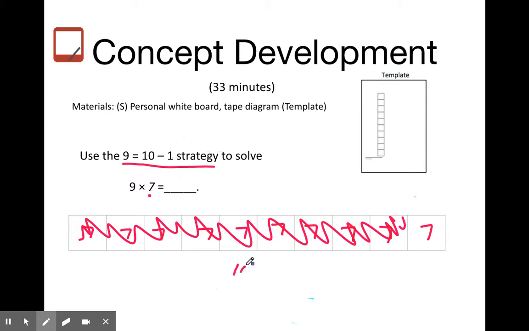So we can say 10 sevens minus 1 seven. So 10 sevens, 10 times 7 is 70, minus 1 seven, which is 7. So 70 minus 7 is 63. That's exactly right. So 9 times 7 is 63.